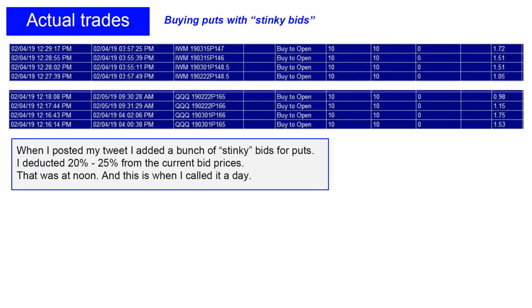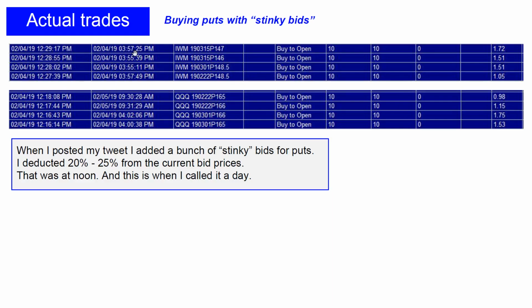And we normally see those crazy spikes at the very end of an extended move up, so your stinky bids will normally get filled. This is exactly what happened to my stinky bids. As you can see, this is the timestamp when I entered those orders into the system, between 12:17 and 12:29, lunchtime.